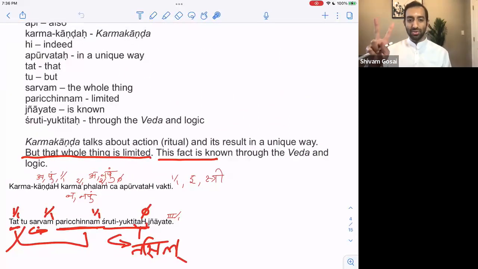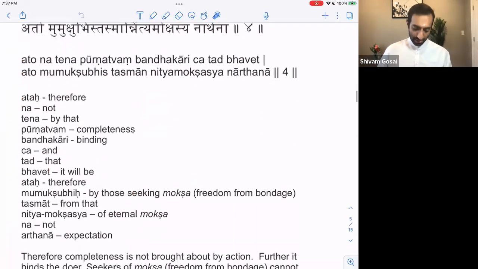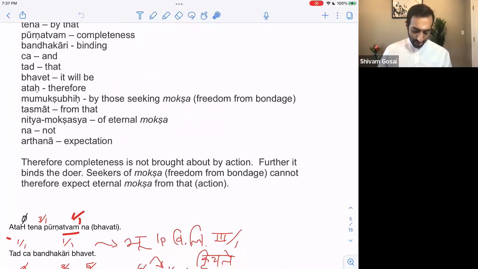Now we know that there's two things. The Karma Kanda talks about action, but that whole thing is limited. All action is limited. So moksha is not brought about by action, right? Further, it can bind the doer if not done properly.